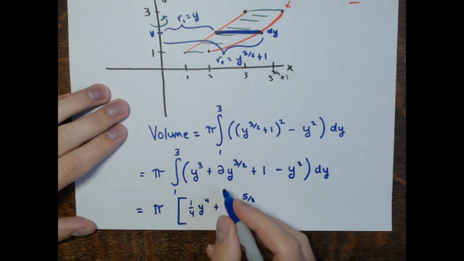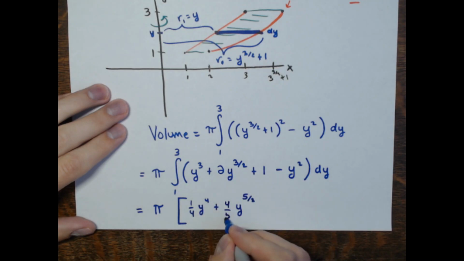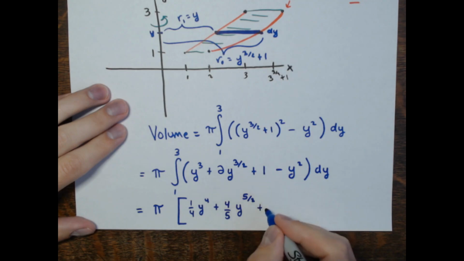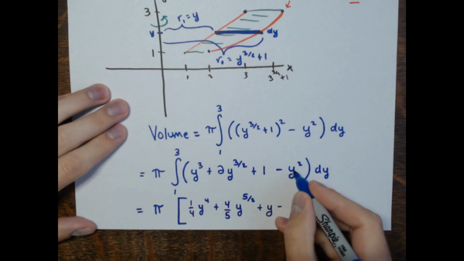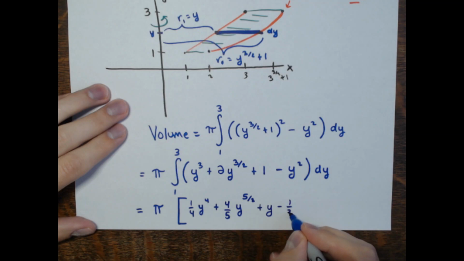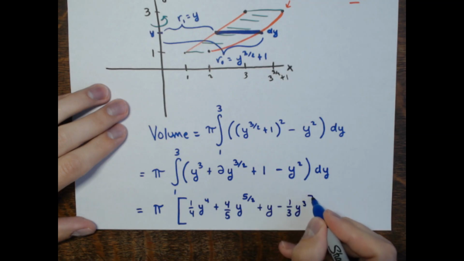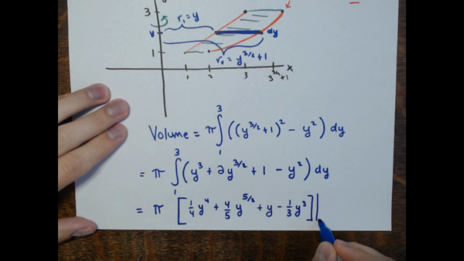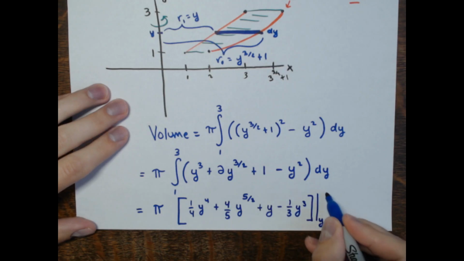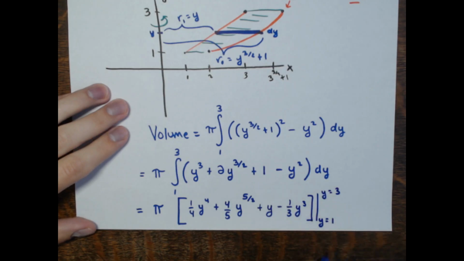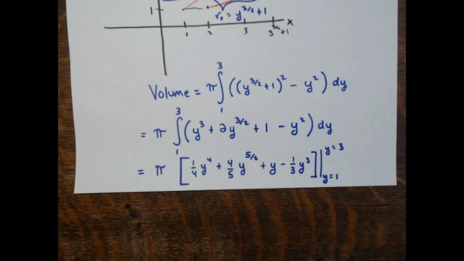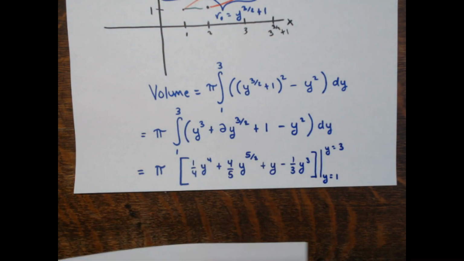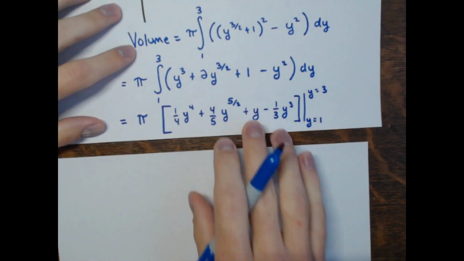So then times the 2 out here, that'd be 4/5 y to the 5 halves, plus the antiderivative of 1 is y, minus the antiderivative of y squared, which is 1/3 y cubed. Right, and then we're going from y equals 1 to y equals 3. I'll plug in 3, plug in 1, and subtract the values.